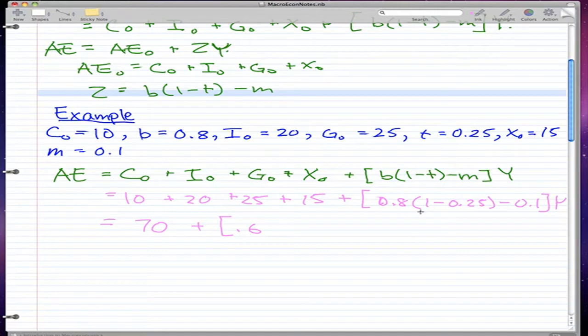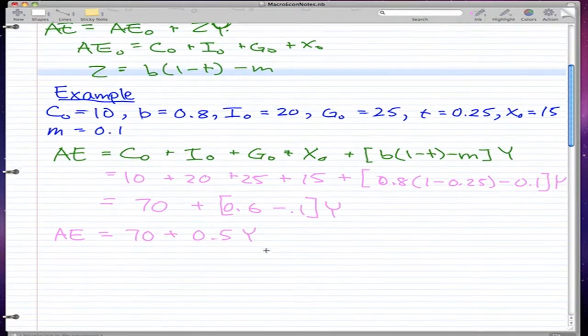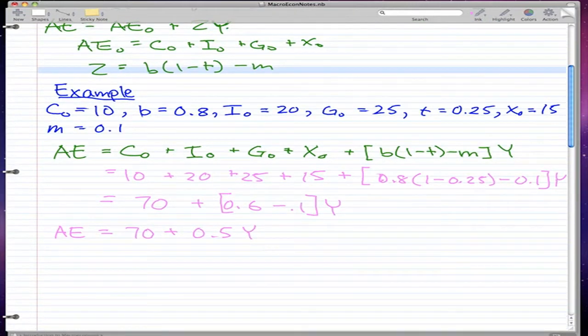So 0.8 times 0.75 is 0.6, minus 0.1 Y. And what we get at the end is AE equals 70 plus 0.5 Y. And that's the example. As simple as that.